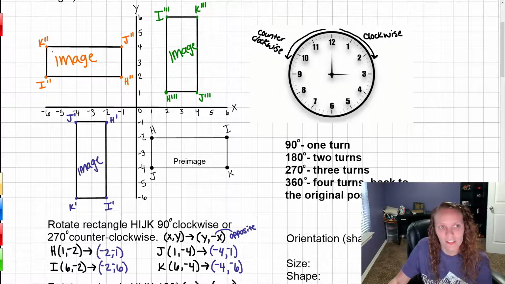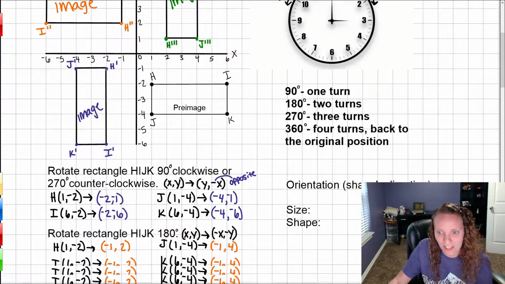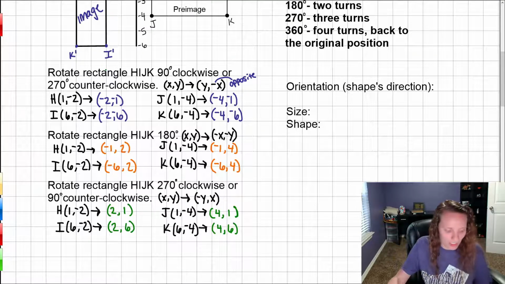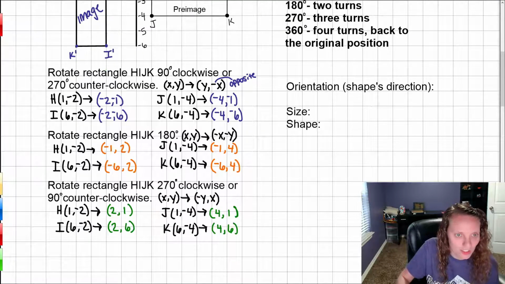Even if you notice on the 180 degree, it's still side to side, but look, HJ turned to be on the right side when HJ originally started on the left side. So even the 180 degree turn is not facing the same direction. So orientation here changes.